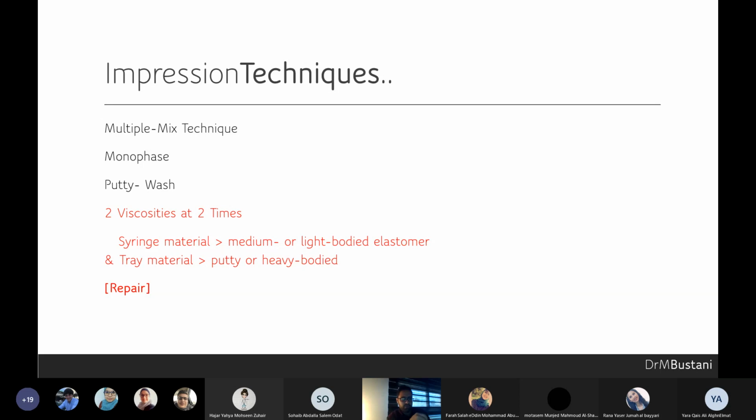So I can just cut a small piece of the impression out, then use some light body, syringe it in, dry the field properly, make sure that it's completely dry, use my syringe light body around the prep, and then reinsert the impression again to recapture this small area. Although most studies show that it's preferable to retake the whole impression, because you can't be sure that you have seated the impression in the same position and applied the same pressure on the material that you did the first time.